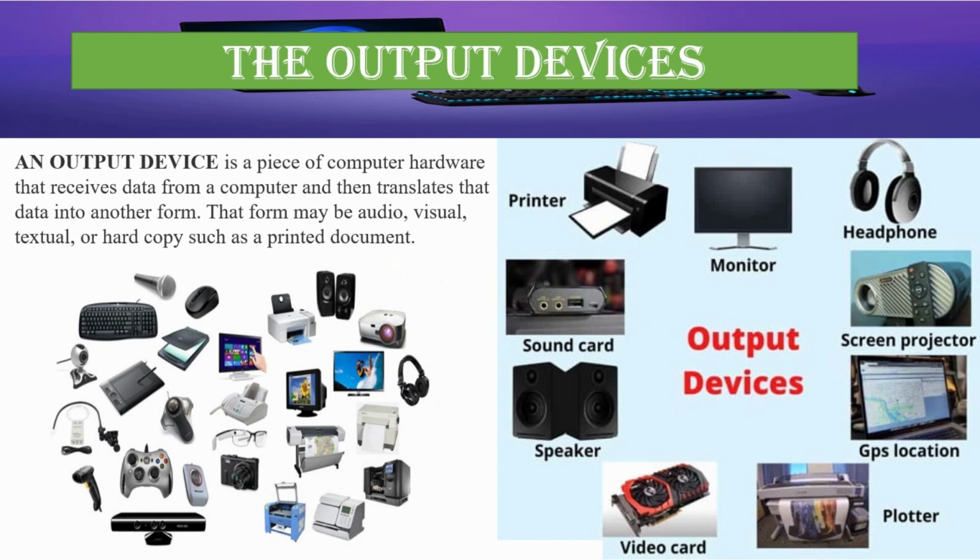Anything that displays out the information from the computer, whether it's in text or audio or audio visual or in any form, is called an output device. So we use output devices in many ways depending on the system and the situation that we wanted to use them. All these we have mentioned are called output devices.